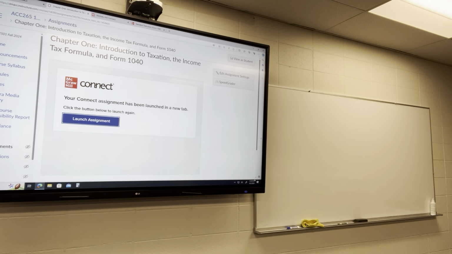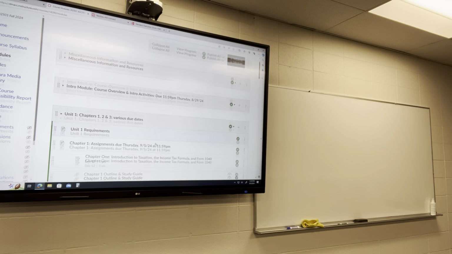It used to be in Blackboard, I could give you guys a link to just jump into the whole thing. But now it looks like the only way you can get in is either log into Connect separately to see the whole thing, or go to individual assignments, right?